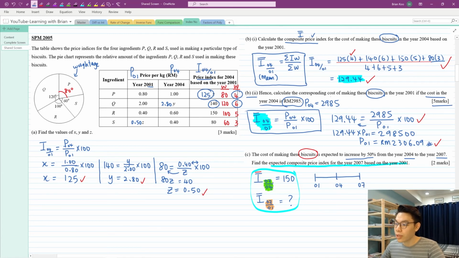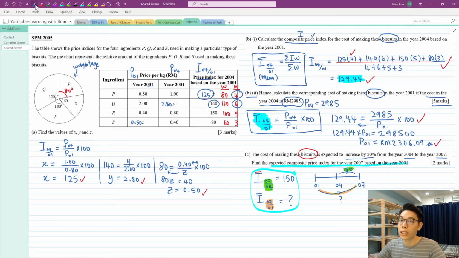Alright, from 2007 to 2004, from 2004 to 2007. Maybe I put on top. This one is 150. 07, 01 is what we are looking for. I highlight for you in case you don't know where these values come from. You look at the year 04, 07, 04, 07 is 150.